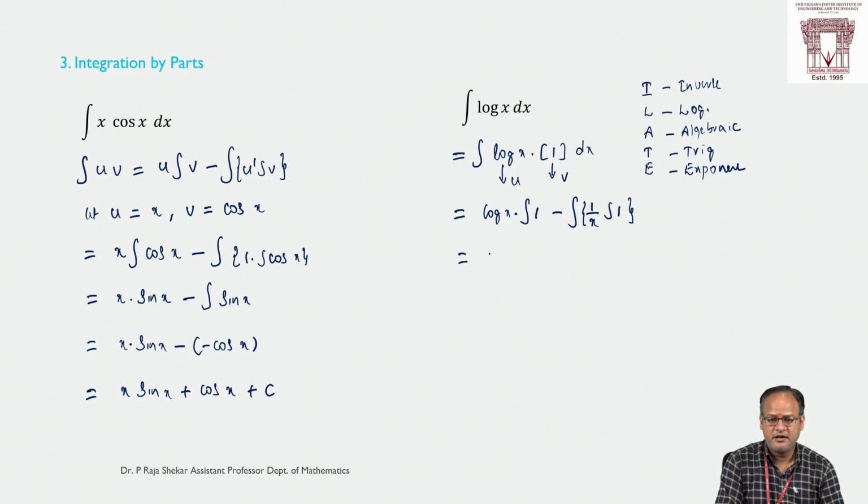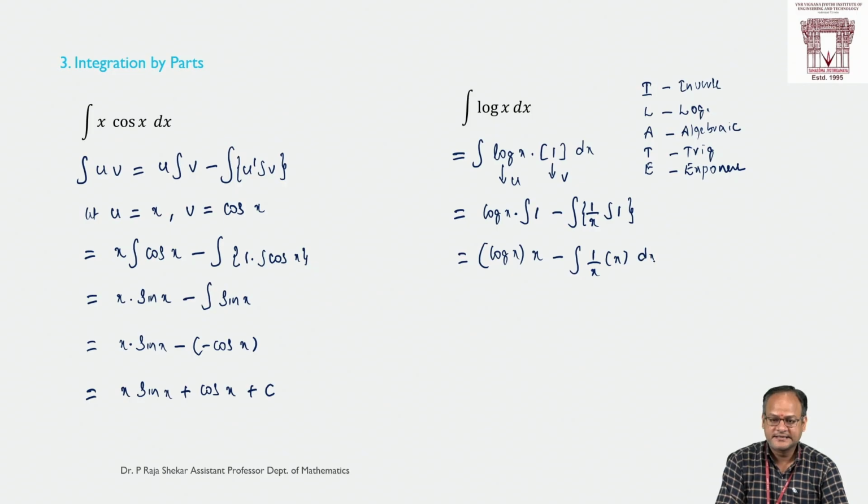So let me write integration of 1 first. It is log x into, what is integration of 1? Integration of 1 is x. Mind you, integration of 1 is not 0; derivative of 1 is 0. So let me substitute here also 1 by x into integration of 1 being x.